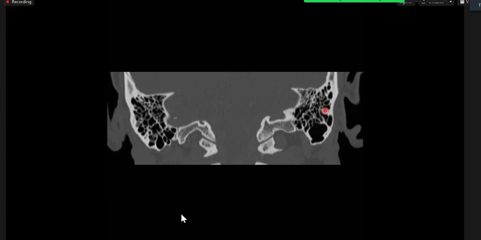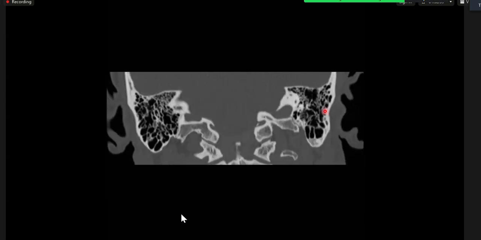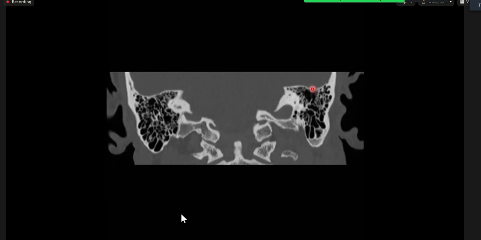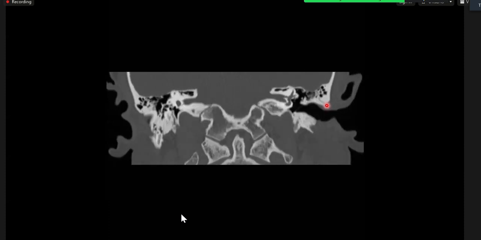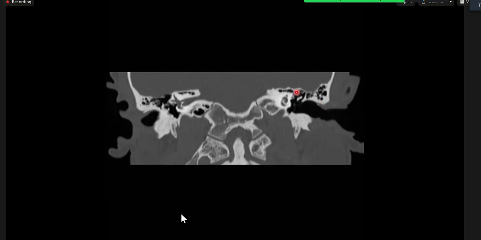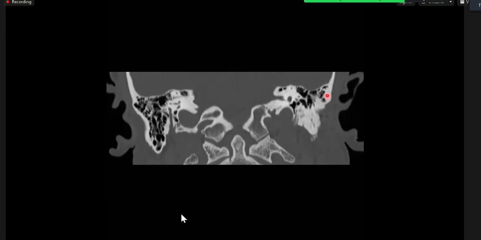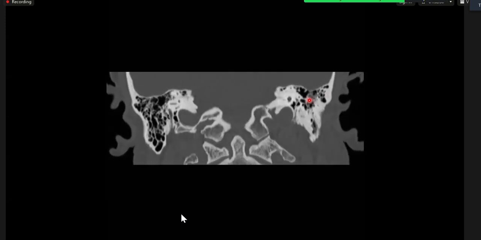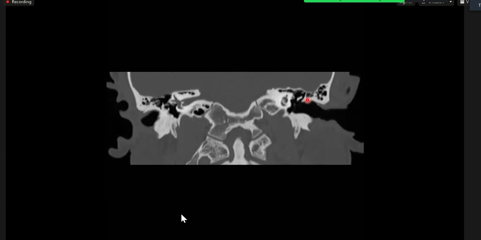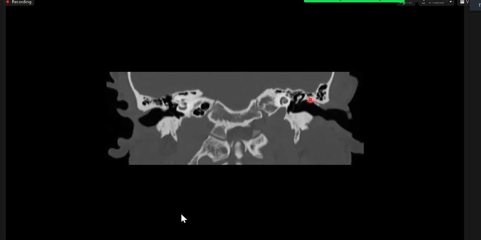This bone is known as tegmen mastoideum, because they will show you cases in which it will be eroded. On the other hand, this bone, which is superior to the middle ear, is tegmen tympani. So tegmen mastoideum is where the mastoid cells are. I'm going anteriorly, and this one is tegmen tympani.